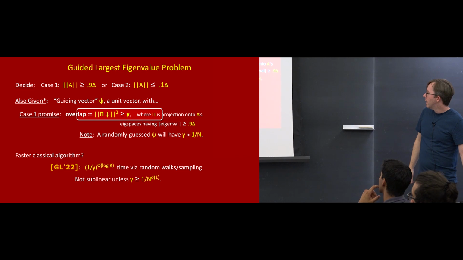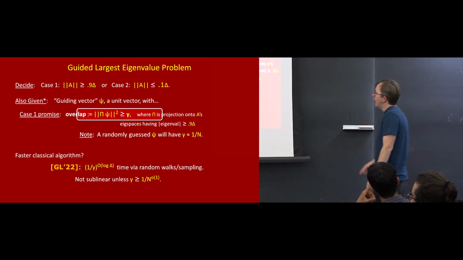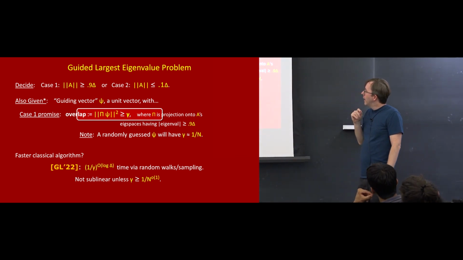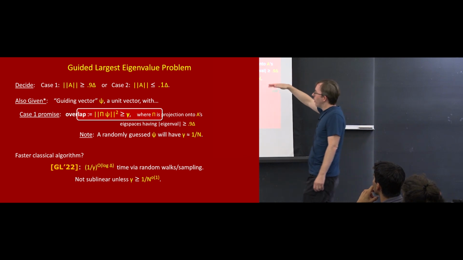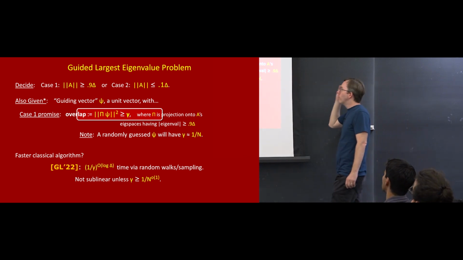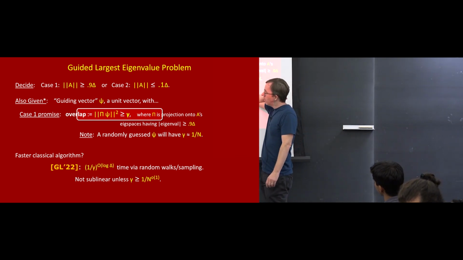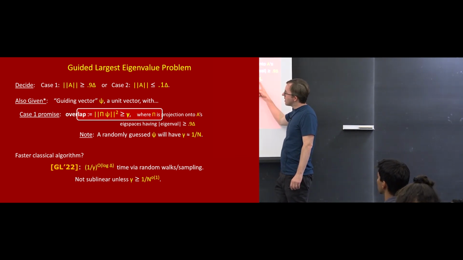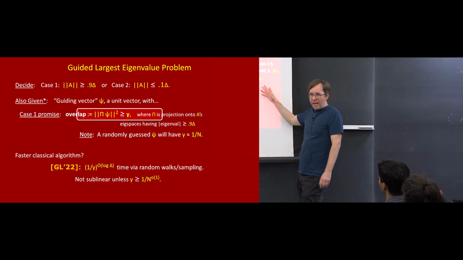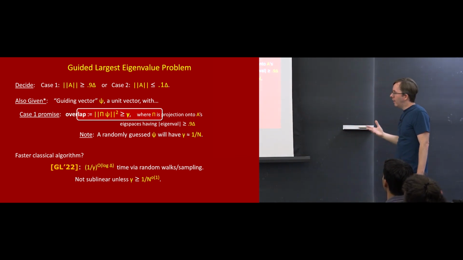Let me talk a little bit about this parameter gamma. If you're just given the matrix A, one thing you could do is pick a random vector. A random vector will have overlap with the largest eigenvector of about 1 over the dimension. Having overlap like 1 over n is kind of the same as not having any guiding vector at all.